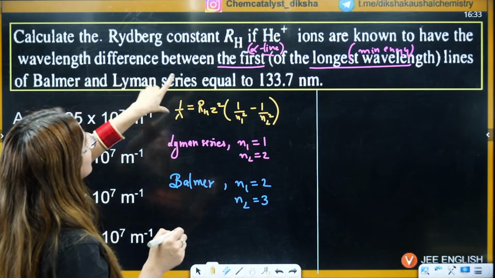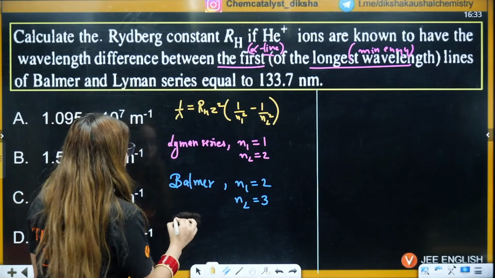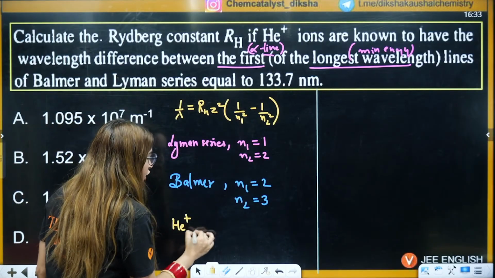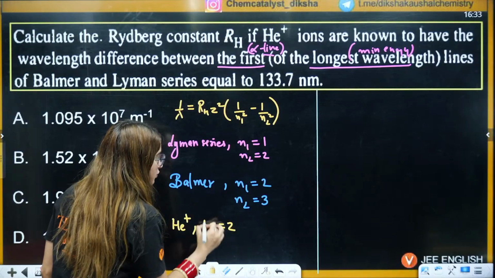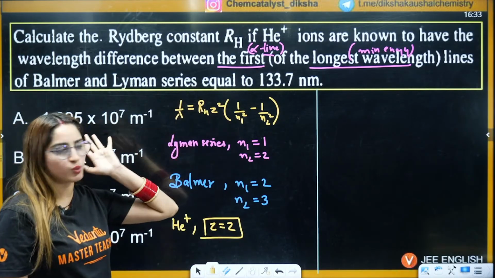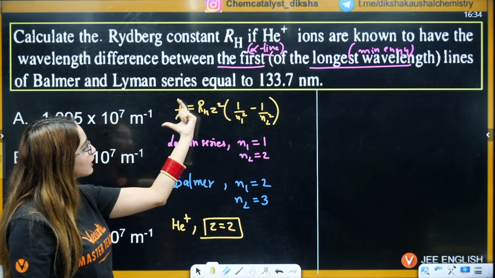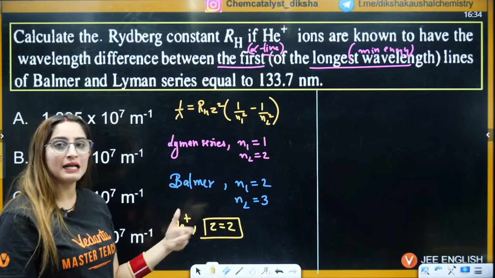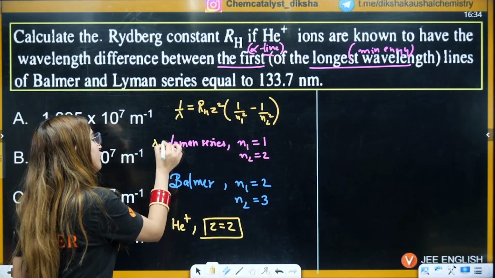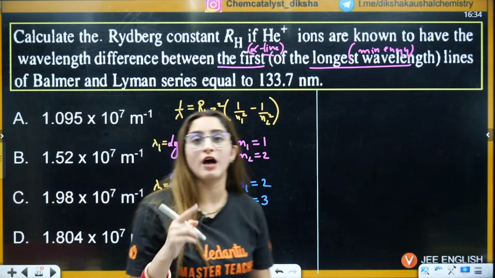Calculate the Rydberg constant. So that means they're talking about only helium positive. Now helium positive has Z equal to 2, so you will put Z equal to 2. N1, N2 will vary. Here you will calculate the value of lambda 1 and here the value of lambda 2 in terms of RH.